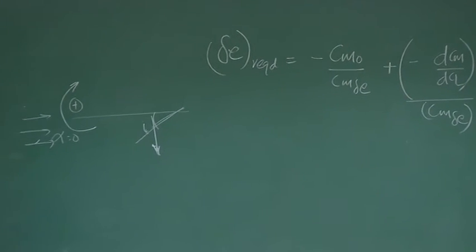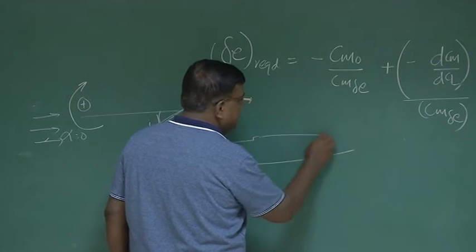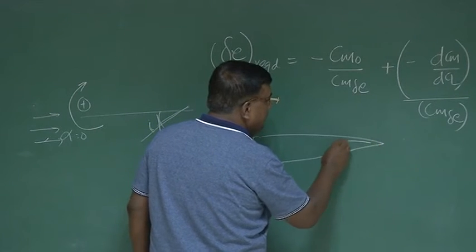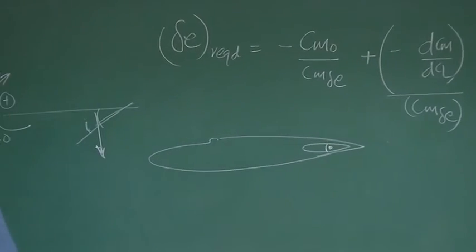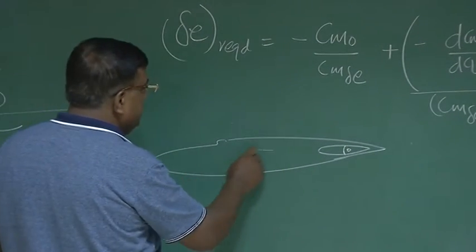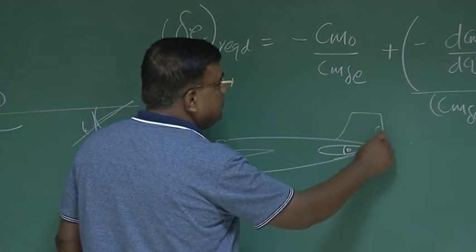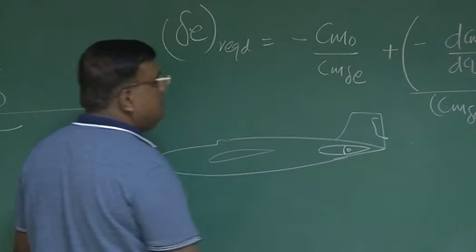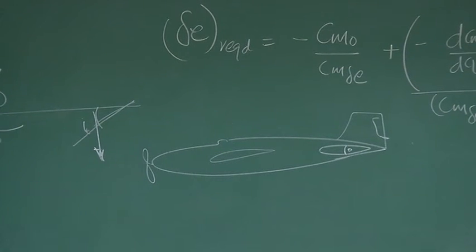Try to physically understand this. Suppose this is the airplane, and this is the horizontal tail, and this is the elevator. Let's say there are wings, whatever it is. What is delta E? Delta E is the elevator deflection.